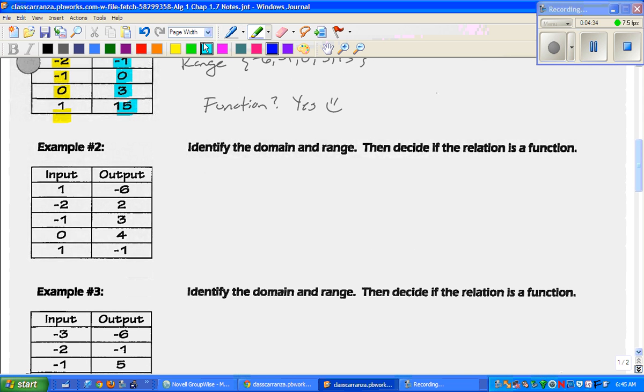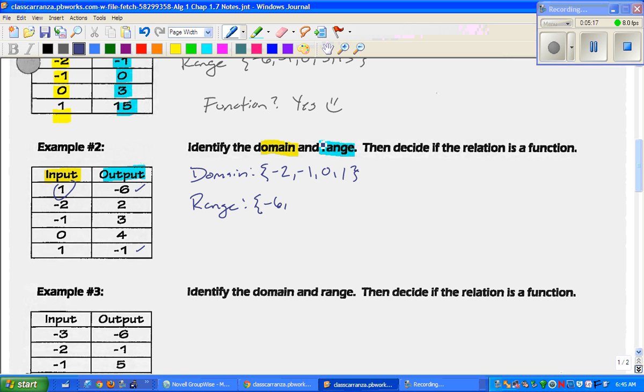Example number 2. Identify the domain and identify the range. We're going to do the exact same thing. Remember, for all of these, they have to be in numerical order. So I see a 1 right here, but that's not the lowest number. The lowest number is -2, -1, 0, and 1. Now our range is -6, and I'm not writing those in order.